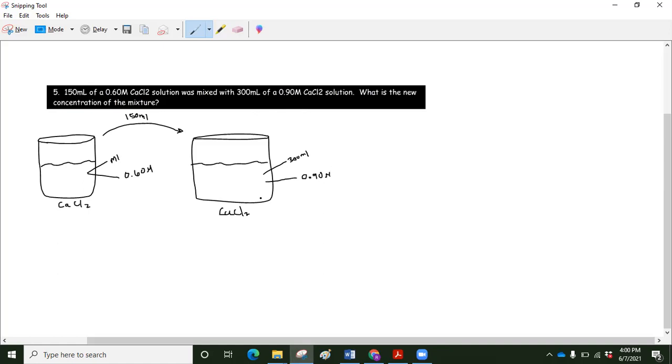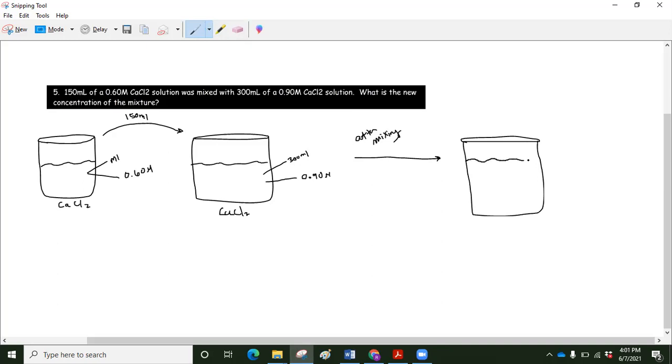And it's asking us what is the new concentration of the mixture. So it's saying after you add 150 milliliters of this to this, what is the new concentration, right? So we know that before the mixture, it's 300 milliliters and it's 0.90 molar. But after mixing, we're told to find the concentration, right?